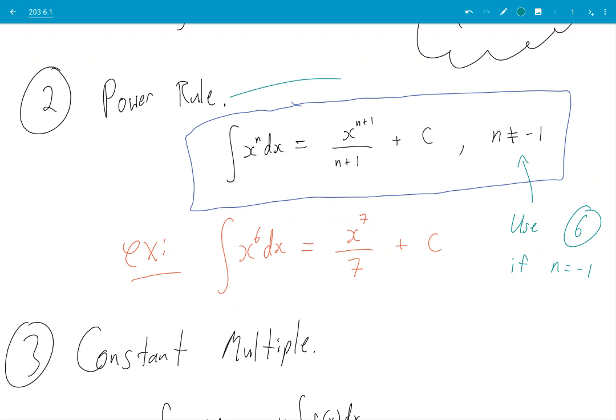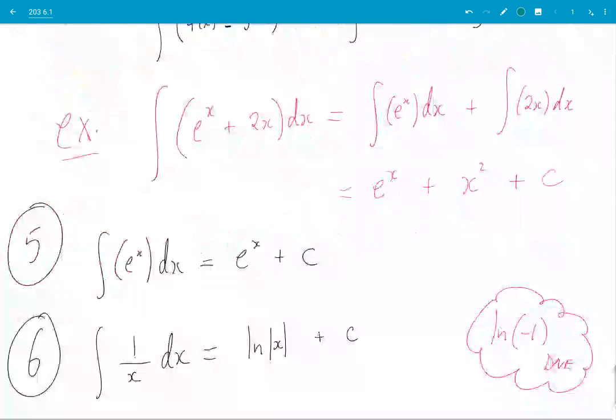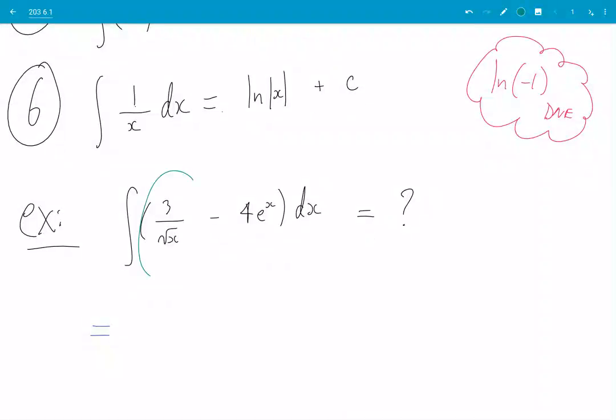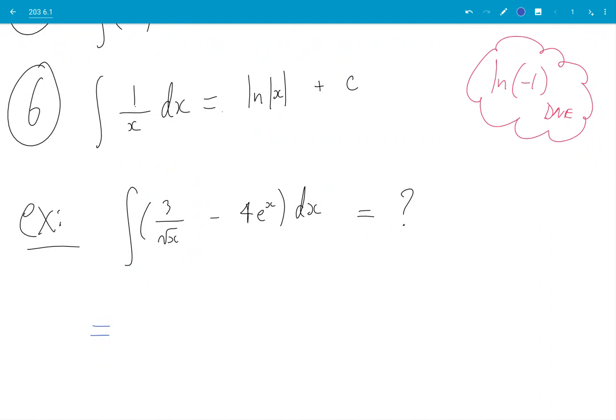I'm going to use the power rule. To use the power rule, I have to take this guy and write it as a power function. So I'm going to have to write it as 3x to the minus 1/2 minus 4e^x.